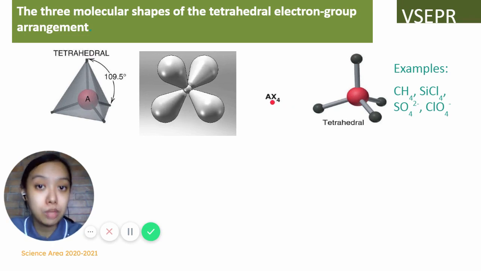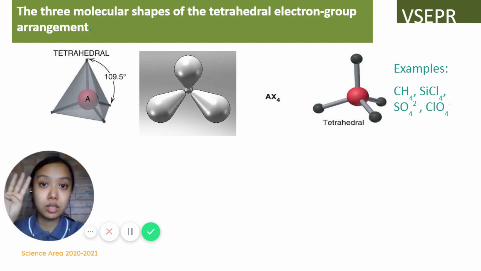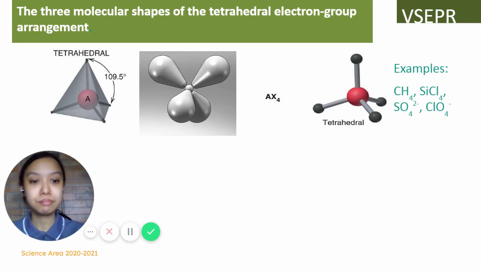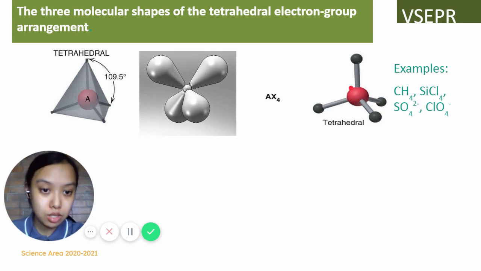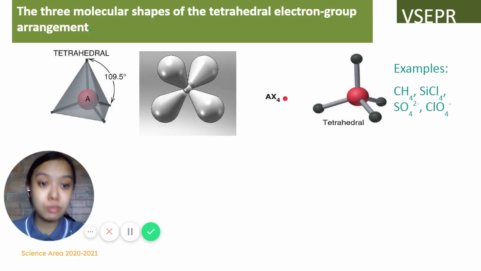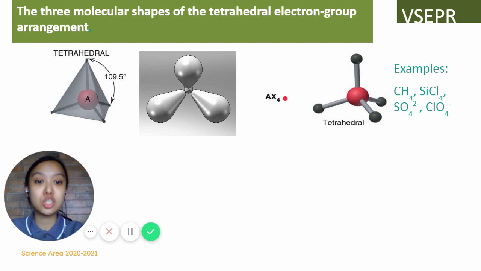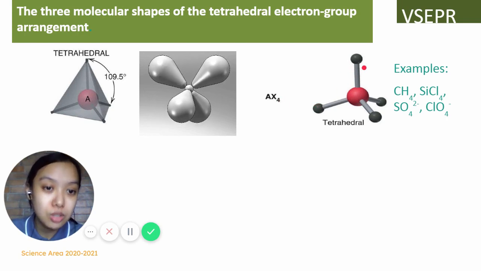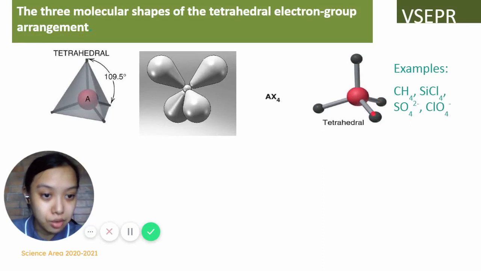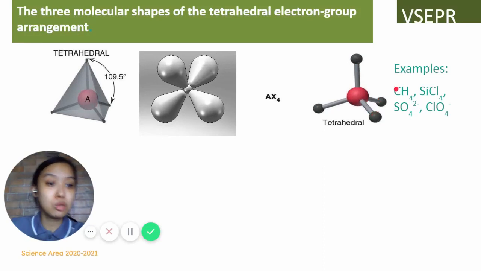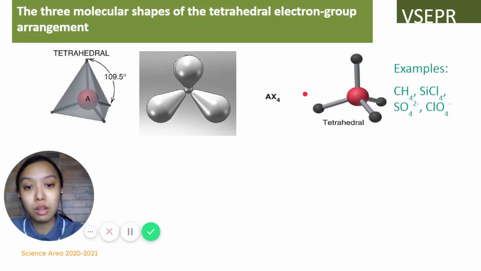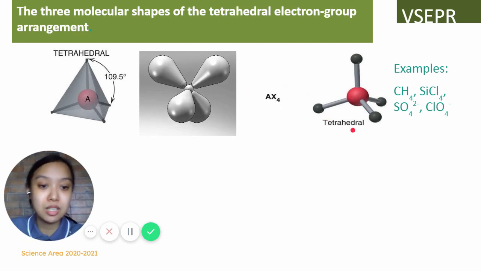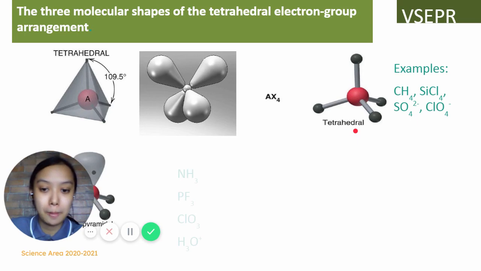This means that to the central atom, there are 4 surrounding atoms attached to it, so there should be 4 gray circles. If you count 1, 2, 3, and 4. These are some molecules with this structure. Following this configuration AX4, the shape is tetrahedral.